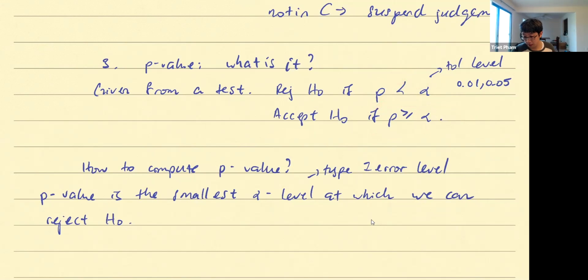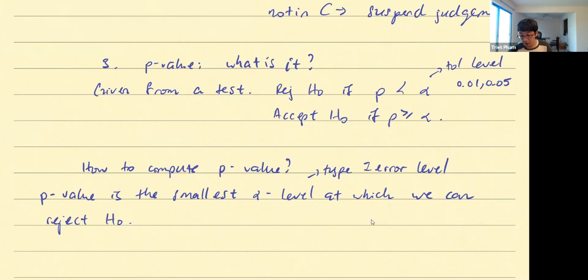This is the smallest alpha level at which you can reject. I also got confused, which is why I want to make sure you understand that these two concepts are consistent. This alpha should not be understood as a type 1 error, but as a tolerance of type 1 error. That's the level that we require our type 1 error to be below.